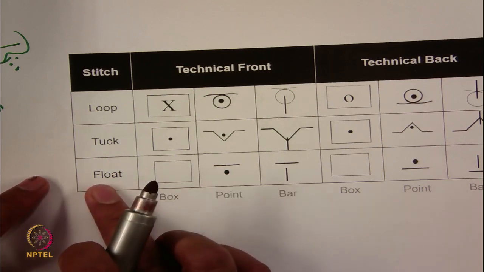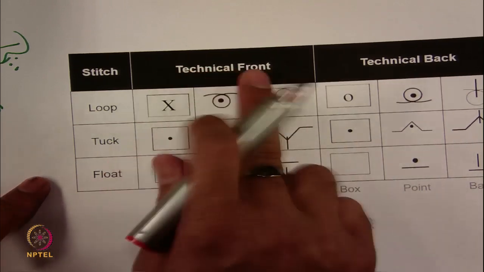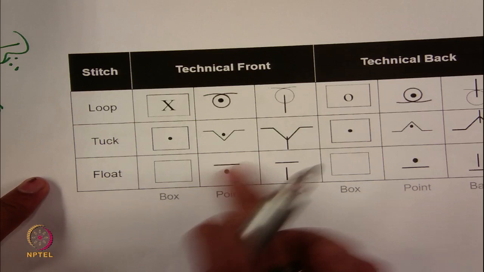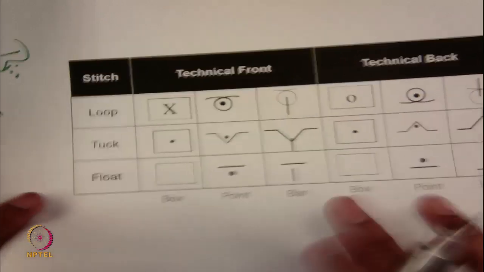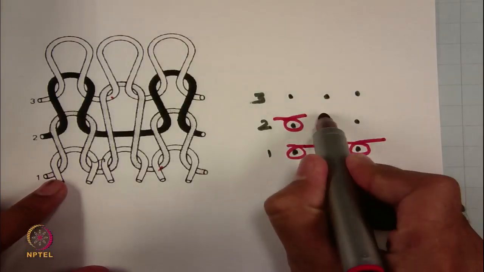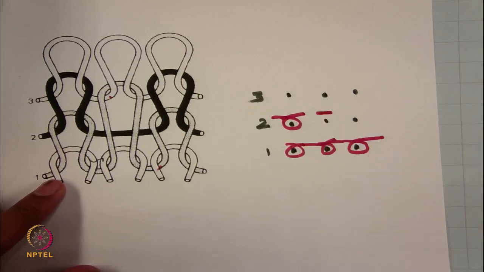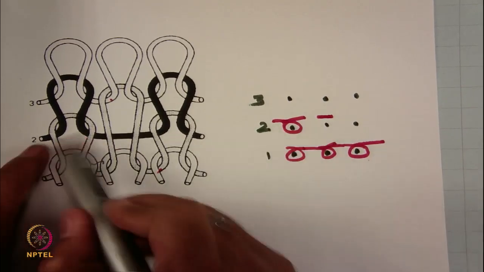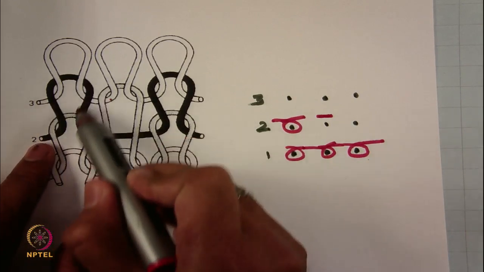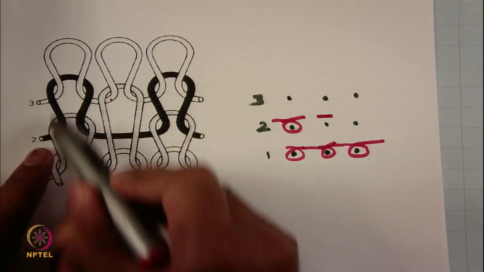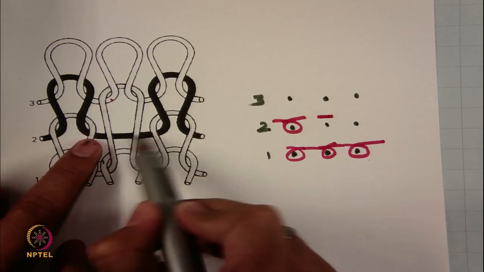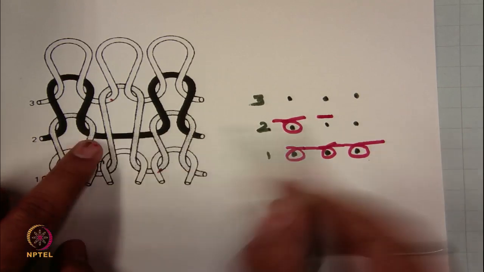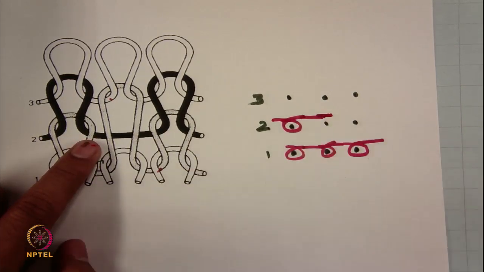So, float in technical front side, on the top side of the needles you can simply present a bar. So, here on the top side of the needle you simply present a bar. Okay. Now, if you see this fabric, this is technical front and then float, and this yarn is still connected. So, you can connect the yarn.